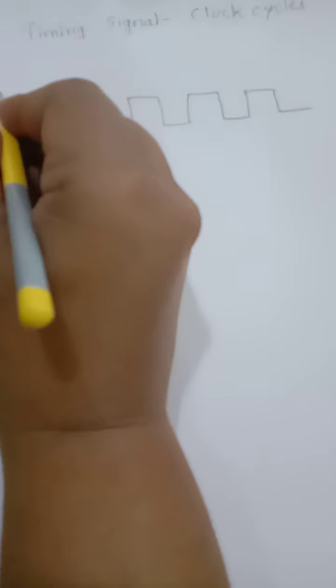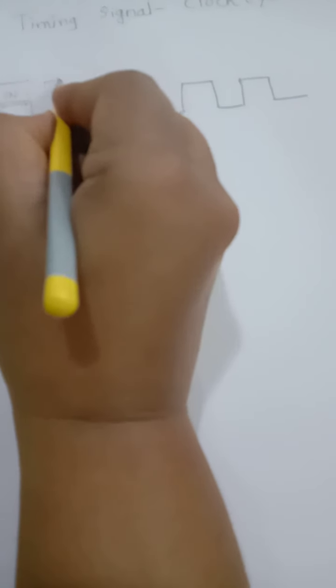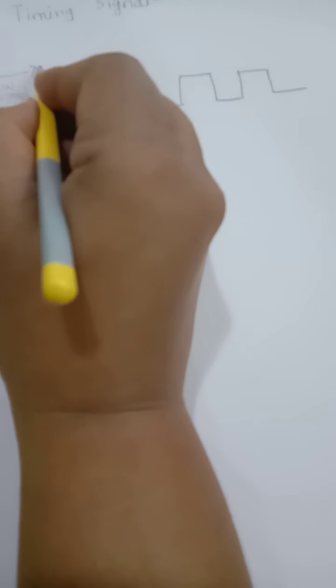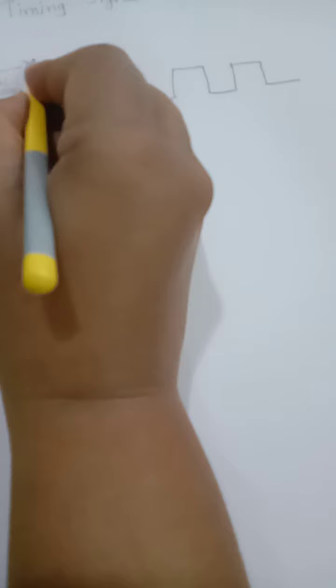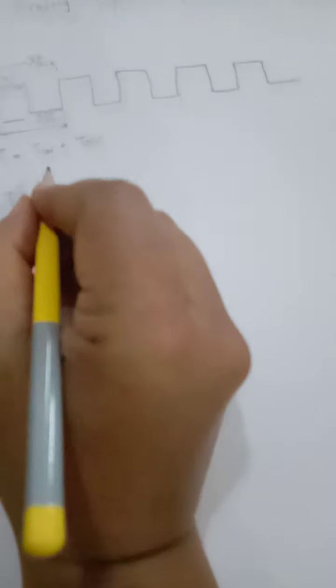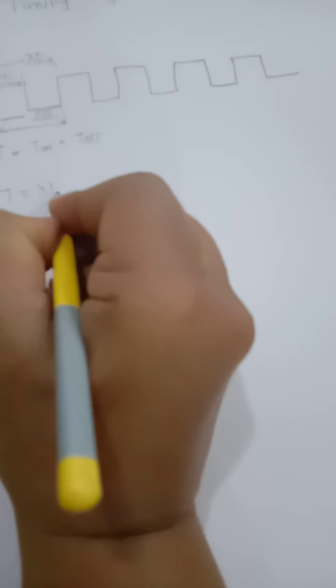From this point to this point is called the wavelength, lambda. When you multiply it with the small t, it gives you the capital T, the time period of the signal. So when measuring the frequency on a CRO, we calculate the time period as lambda into t.